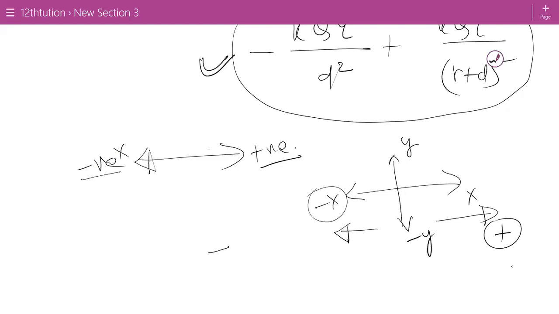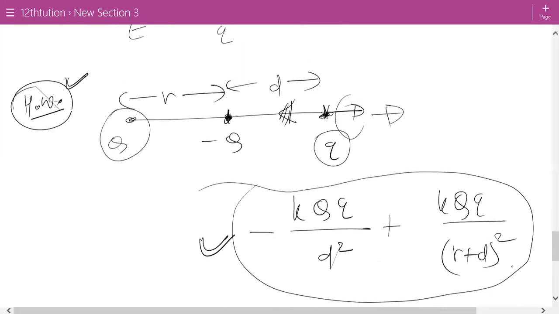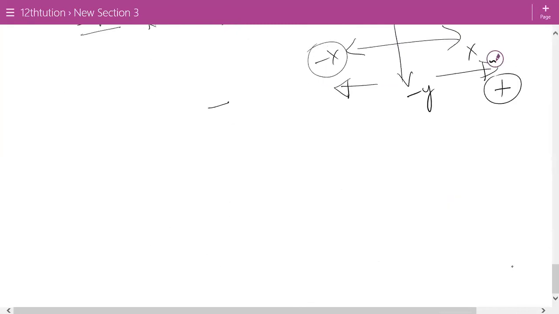So you have to keep clearing the basics, then only can you learn the specific things. So please revise whatever is taught. That is very important. Vectors and all these things, units, vectors.